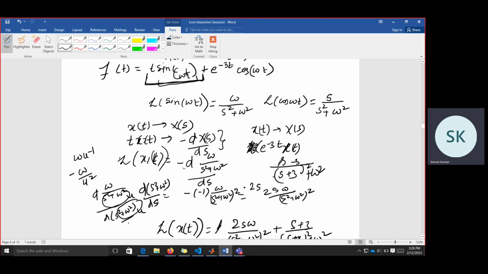This is simply the chain rule. So it will be like omega by u square. No? So u is s square plus omega square. And already there was one minus, and you have got one more minus, so that is plus, and this one is 2s. Any doubt in this question, or should we proceed to the next one?